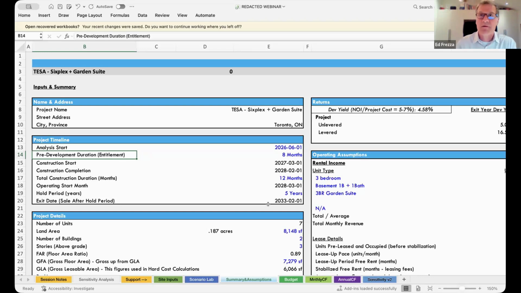The hold period will be 5 years. Now, why do we do that? Well, as I've probably mentioned in previous webinars, a lot of these missing middle projects do not follow the conventional development model, meaning in conventional development, you would expect to be able to make a significant capital gain on completion and then sell it.